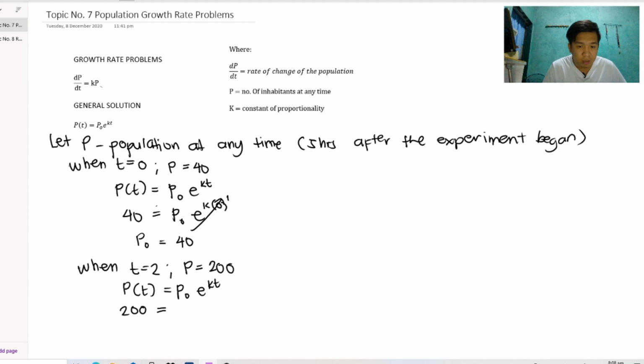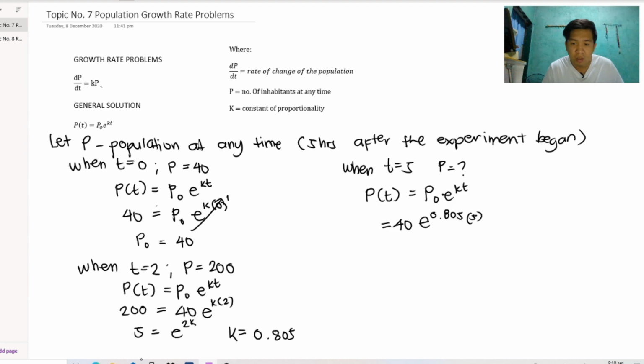From these values, we can now get the number of colonies present 5 hours after the experiment began. So when t is 5 hours after the experiment began, we are looking for the value of P. Using again this formula, e raised to kt, P equals 40 e raised to 0.805 times 5, which is 40 e raised to 4.025, or 2,236 bacteria in the colony.